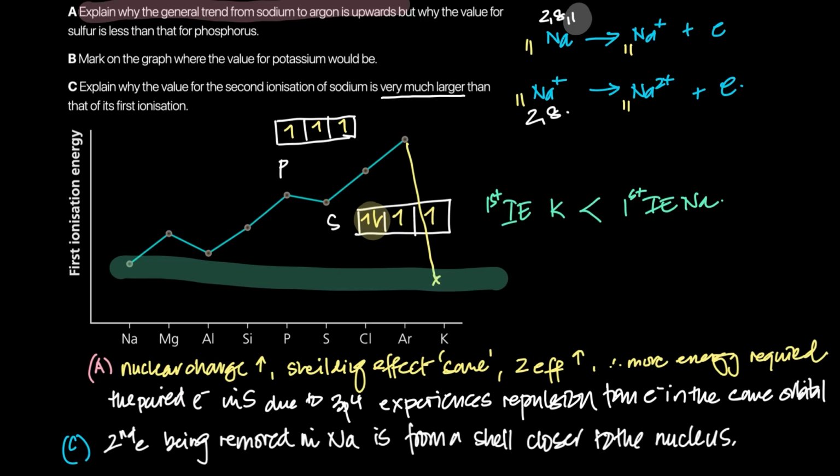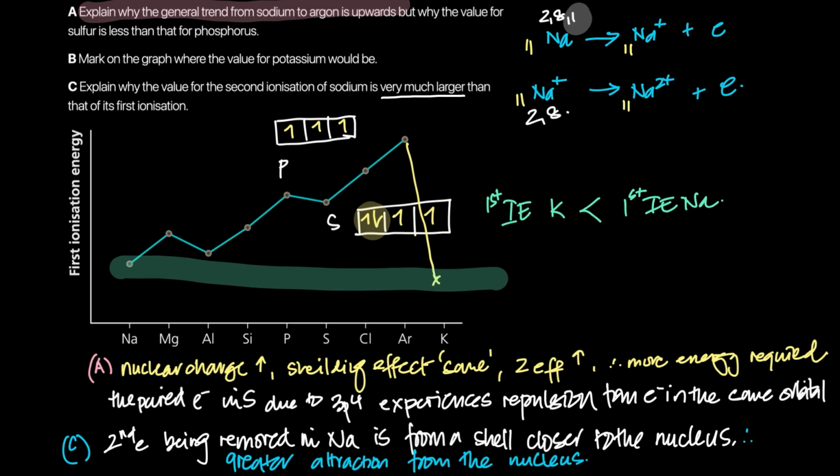That was the evidence for shells. So in sodium's successive ionization energies, the second energy is much more than the first because the second electron being removed is from a shell closer to the nucleus. Therefore, greater attraction from the nucleus. It's as simple as that.